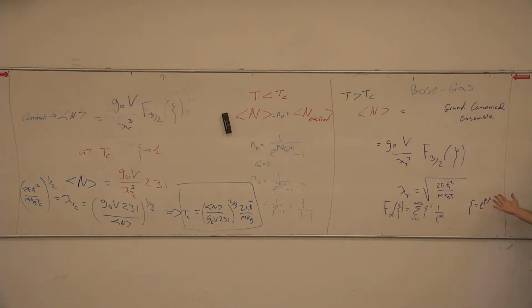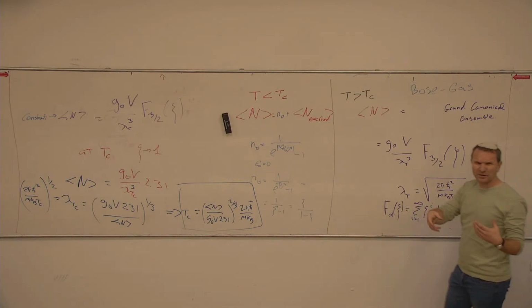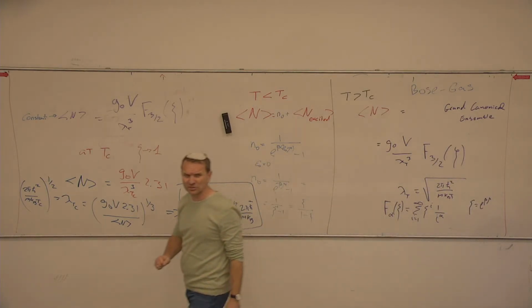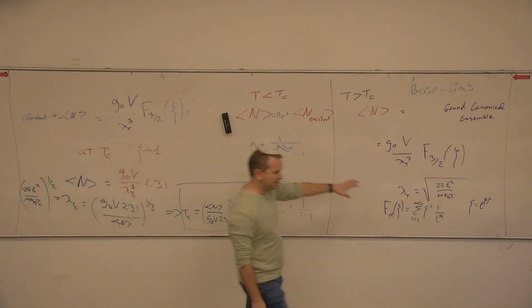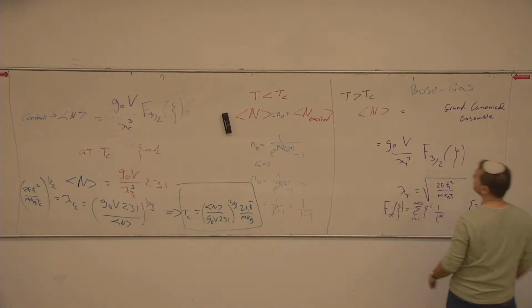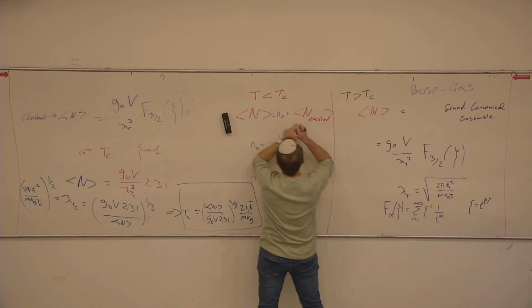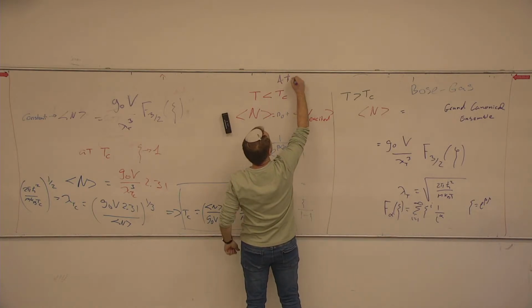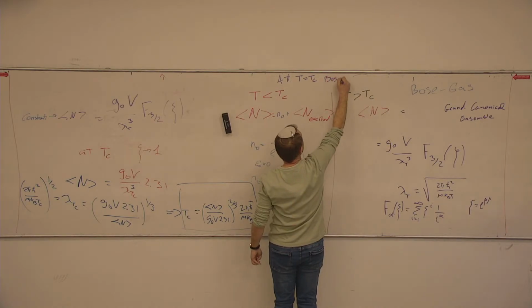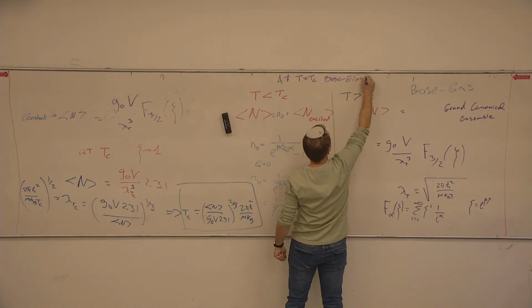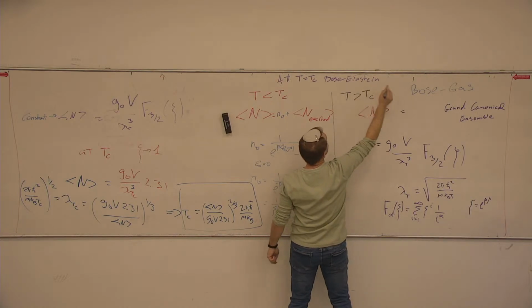Everything else works just fine. Now, what are the properties of this so-called phase transition? The Bose-Einstein condensation, because at T equals TC, Bose-Einstein condensation occurs.